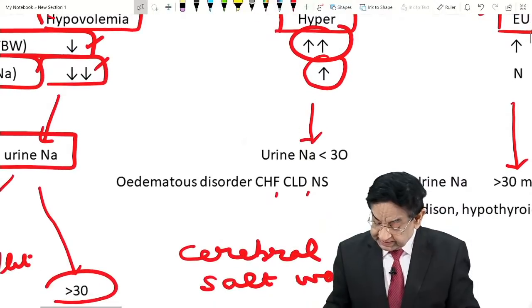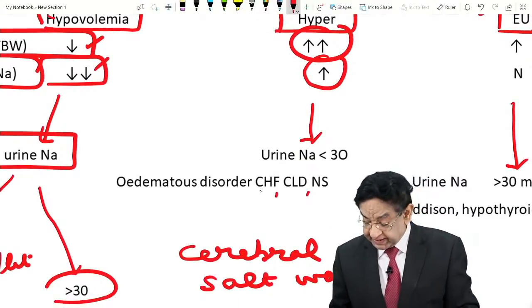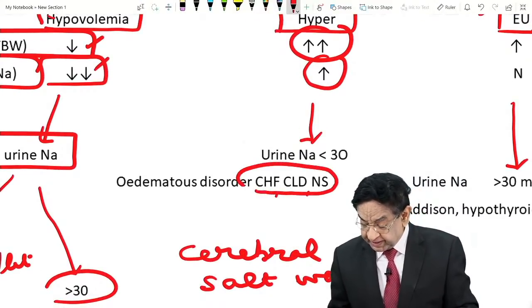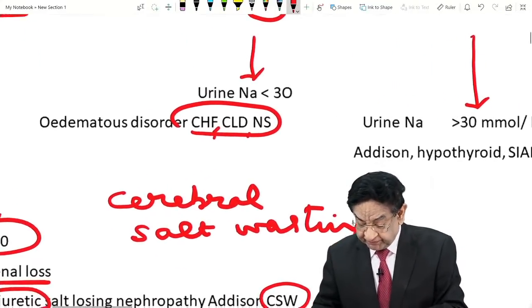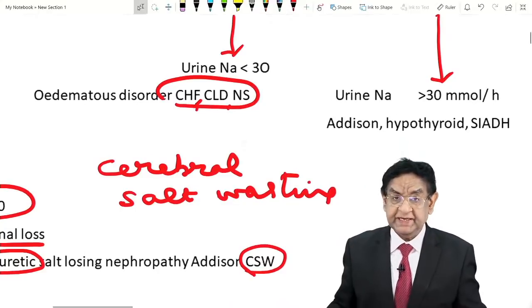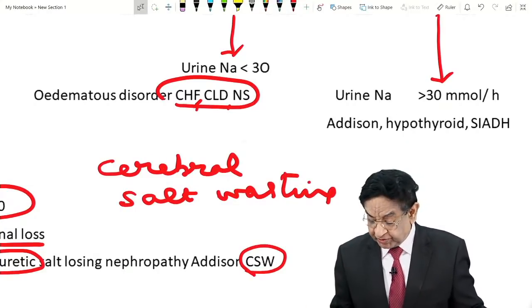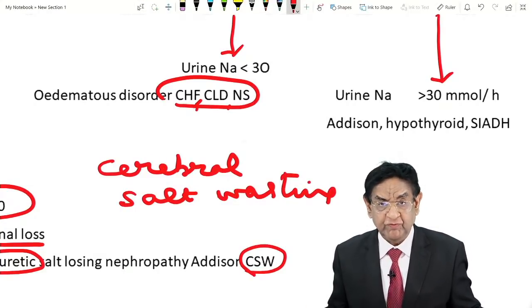This is seen in conditions like congestive heart failure, chronic liver disease (CLD), and nephrotic syndrome. Write down the full form. I have got less space to write.